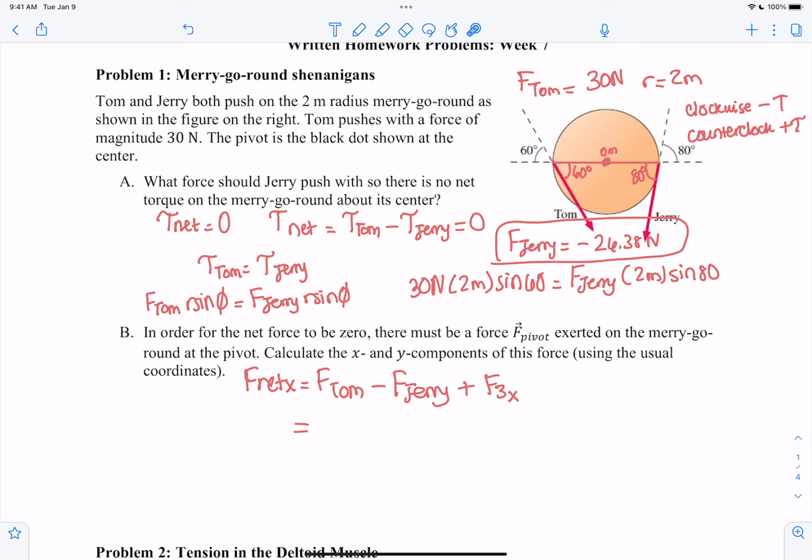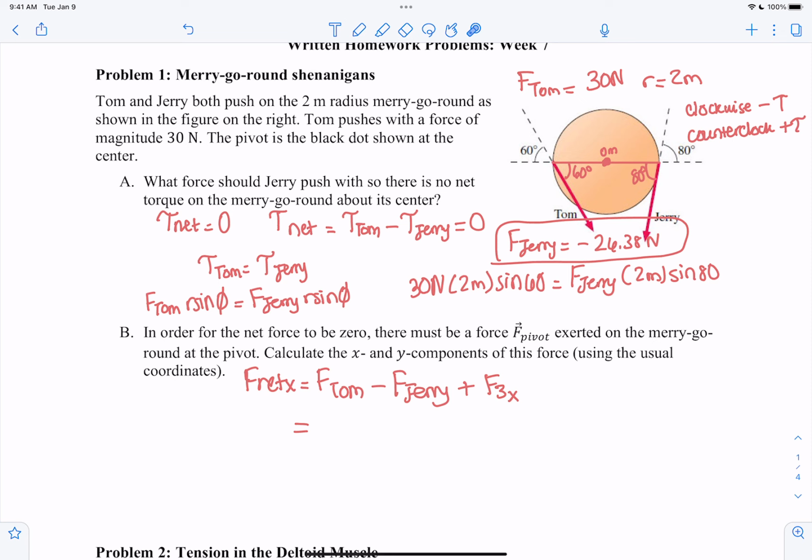Yep, exactly. That's why I went back and I was like, all right, I made a mistake there. I should have calculated the components. For some reason, I put in just the overall force and not the components. So that's my mistake. But yeah, F Tom X and F Jerry X. That's the mistake I made.